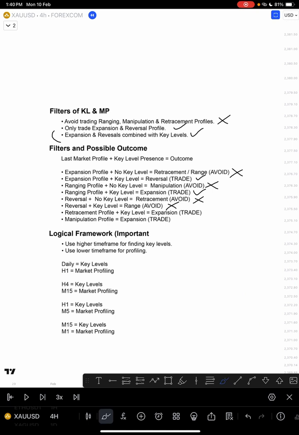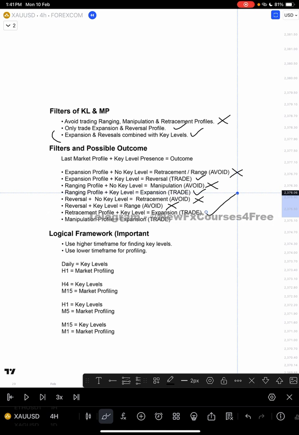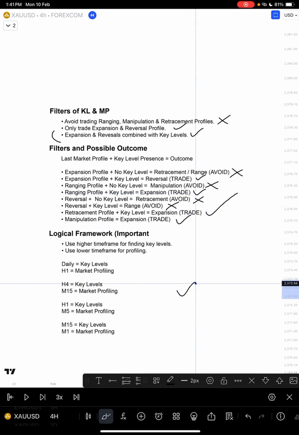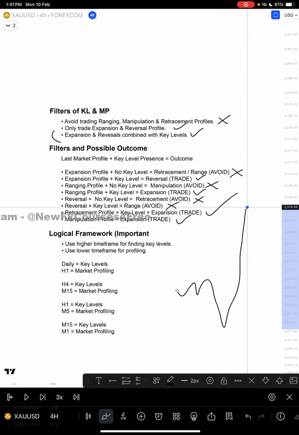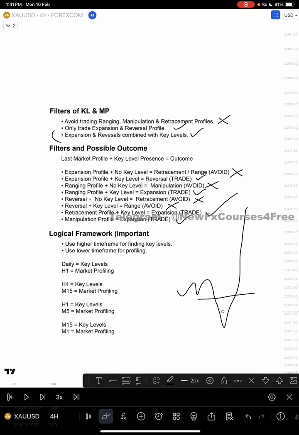So, retracement profile plus key level equals expansion. You can trade this. Manipulation profile equals expansion. You can trade this. That's after the manipulation, you can trade the expansion higher. So let's proceed.